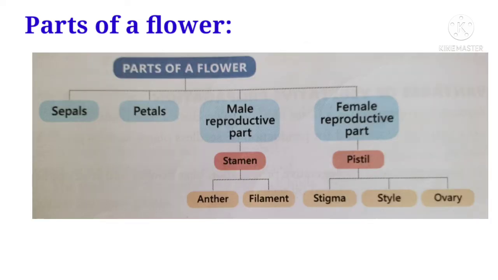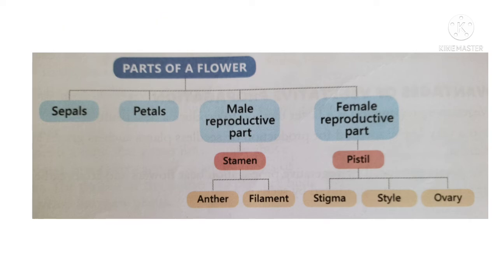And this picture you are seeing now gives information about reproduction through seeds, and it helps to explain the parts of a flower. First one is sepals, second one is petals, third one is male reproductive part.